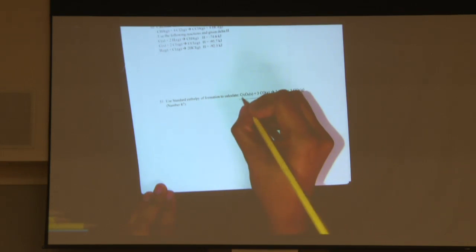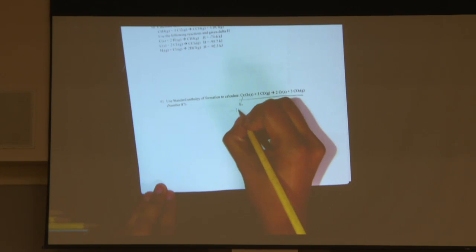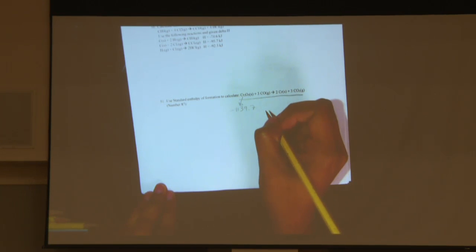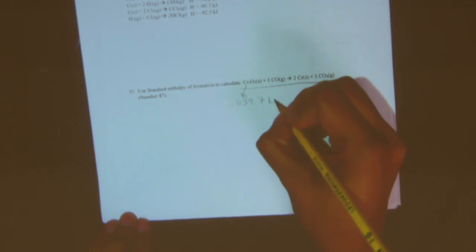We're going to start with number 51 first. Use the standard enthalpy of formation to calculate this equation. Usually with this equation, what is provided to us that I did not provide, which I'm going to add right now? Exactly, the delta Hf value, in kilojoules per mole.